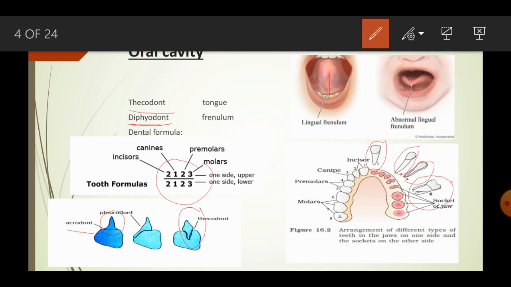The hard chewing surface of the teeth is made up of enamel, which is calcium phosphate, the hardest substance in our body. This helps in the mastication or chewing of the food thoroughly.